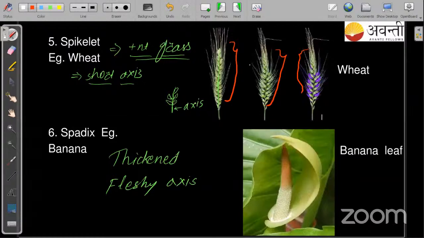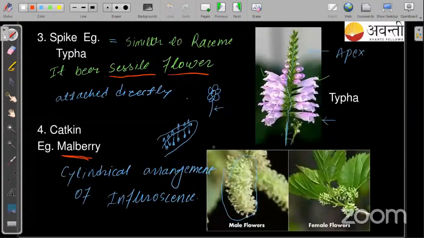Cylindrical arrangement means it is simply like that. For example, this is the long axis here, and like that, cylindrical. It is a continuous part, like that.